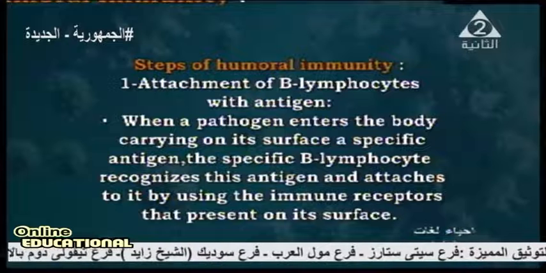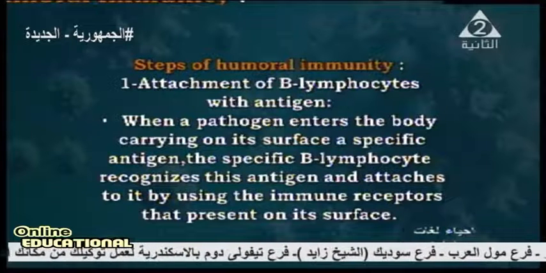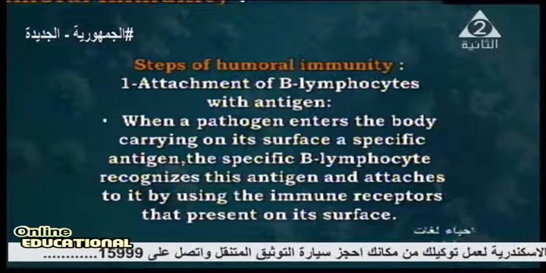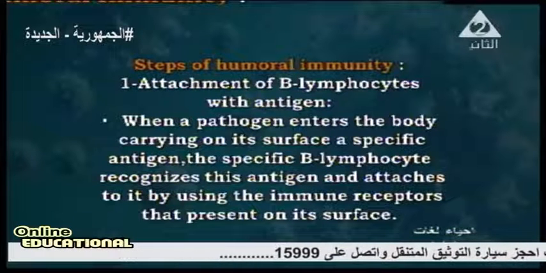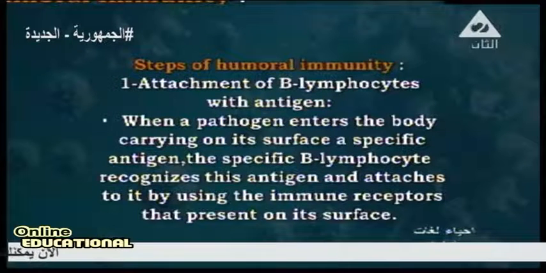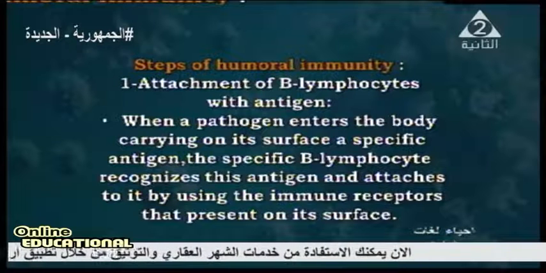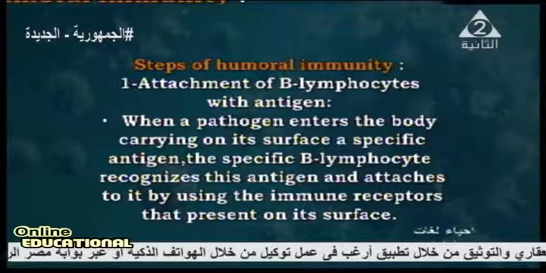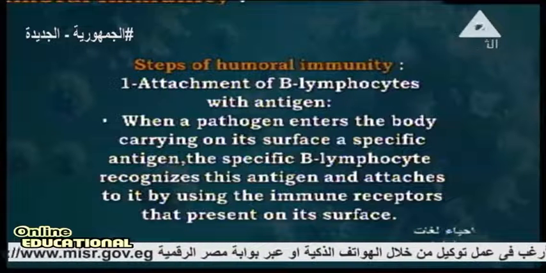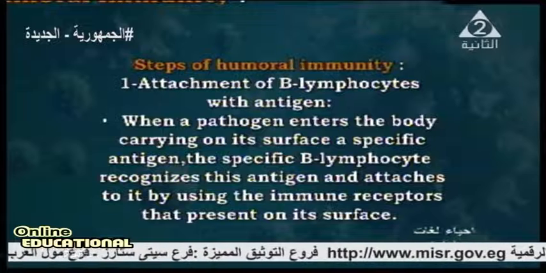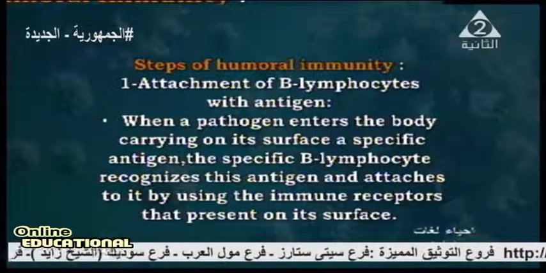When a pathogen enters the body carrying on its surface a specific antigen, any pathogen that invades the body, viruses, bacteria, it is like a key. Okay, this key is known as the antigen. This key needs a specific lymphocyte to recognize what this antigen is, and attaches it by using immune receptors.